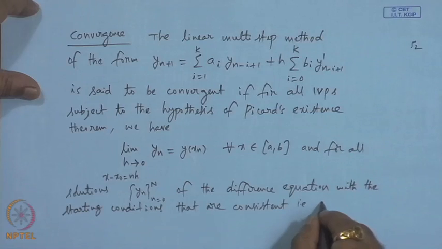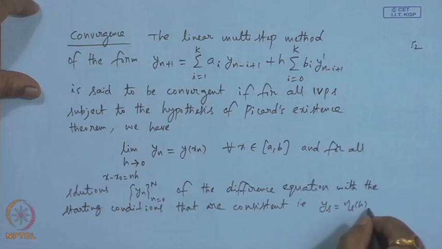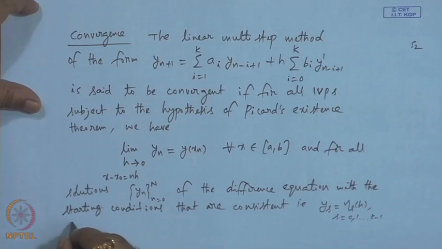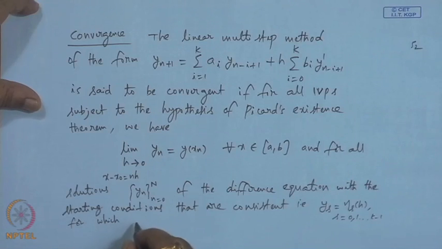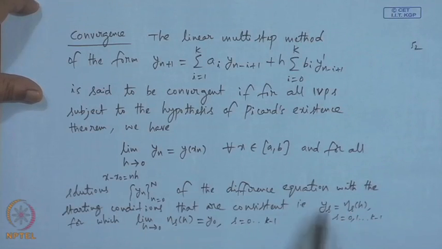That is, y s equals eta s of h, where s equals 0, 1, up to k minus 1, for which the limit as h goes to 0 of eta s of h equals y 0. That means these starting values y s, as h goes to 0, go to the initial condition.